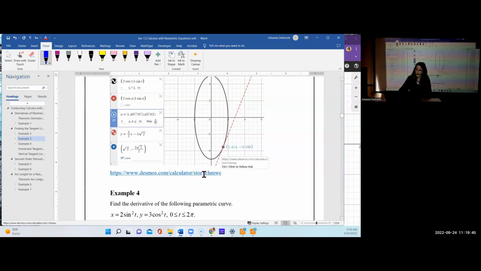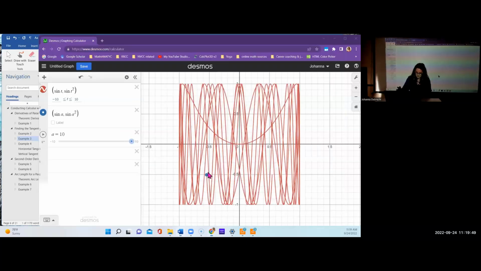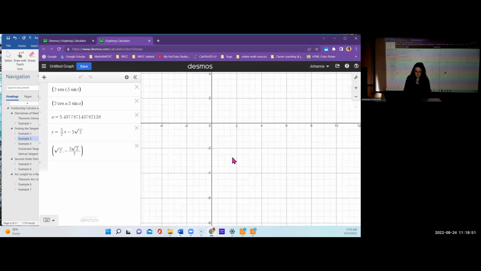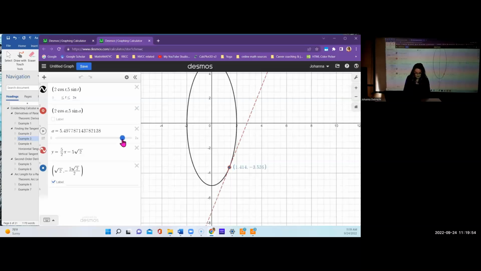Let's take a look at this graph now so that we can see what the orientation of it is. Give it a moment to open. All right. So this is the point right here, 5.49 and so on. What is that in radians? Well, 5.4977 and so on is 7 pi over 4.